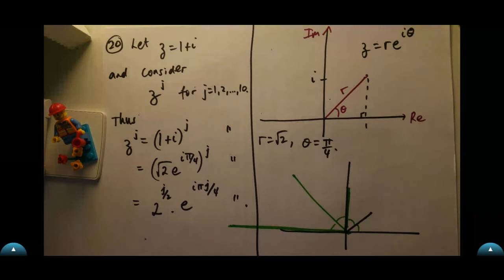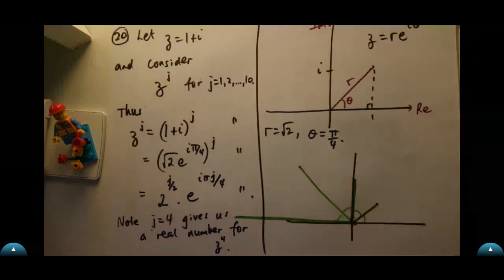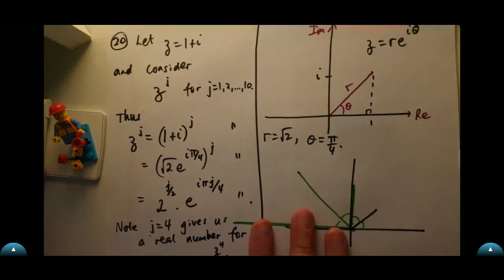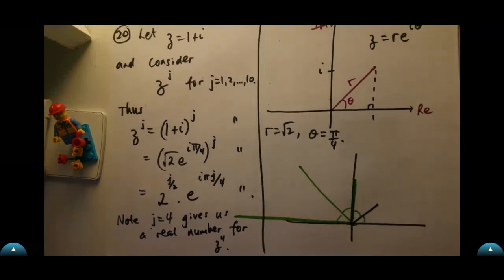So when is the first purely real number here? Well, j equals 4, because it's 1, 2, 3, 4. That's negative. So that's it.